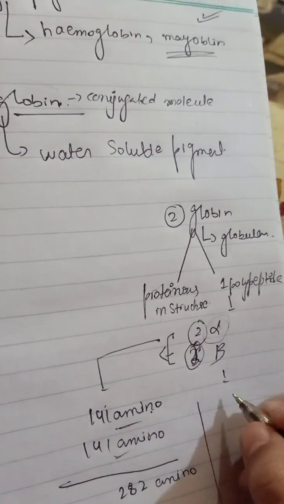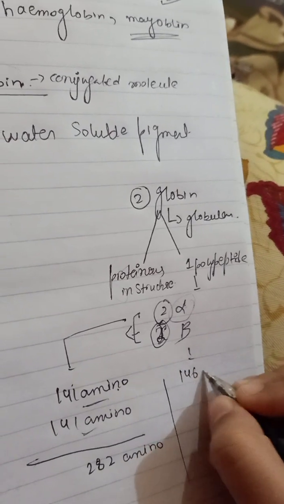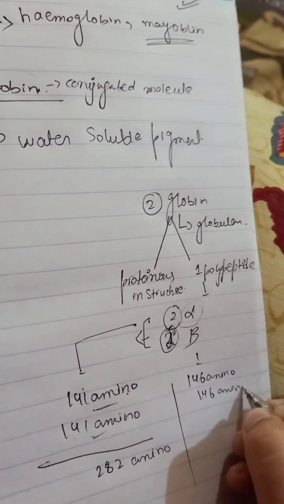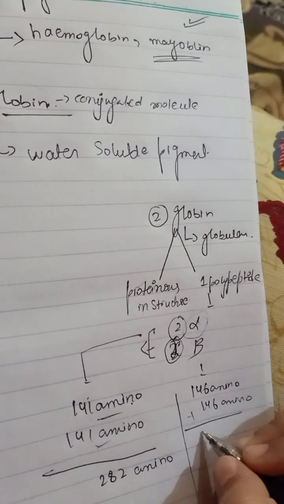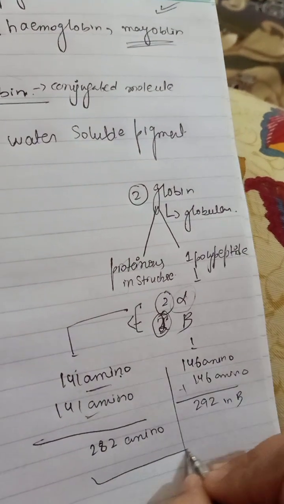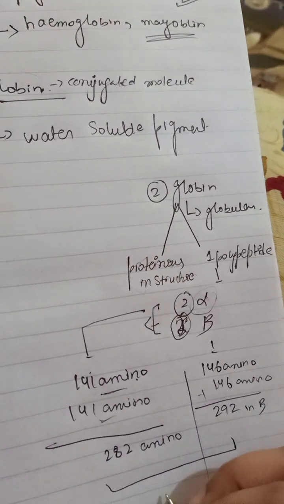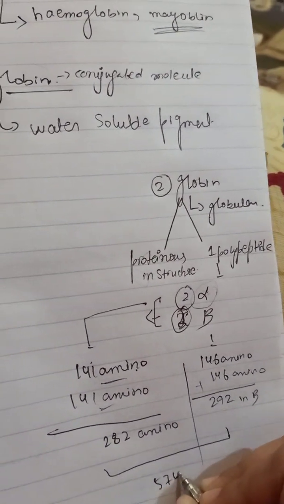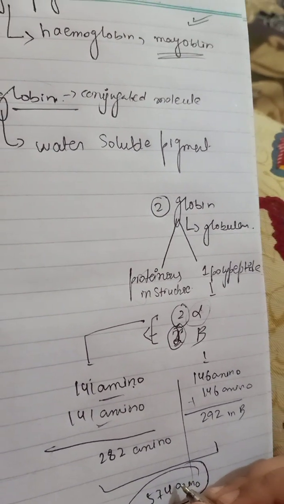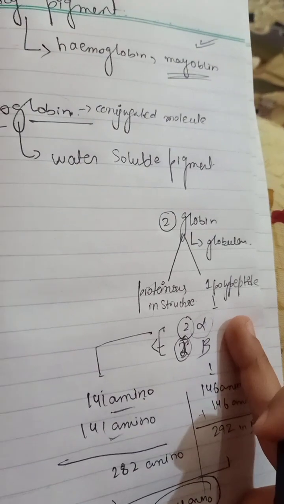And if we talk about the beta, there are 146 amino acids in one beta chain, and 146 in the other, so it will be 292 in the beta pair. If we add both, the answer is 574 amino acids in the hemoglobin, or the total amino acids in the one polypeptide chain.